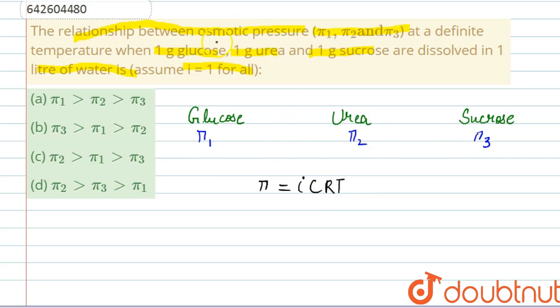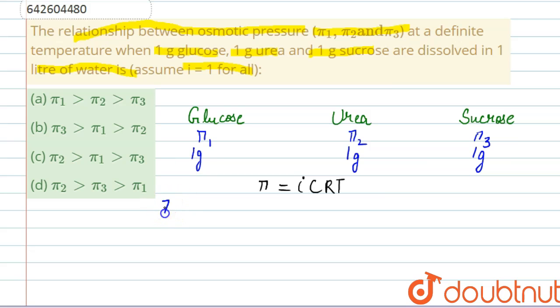Now also we are given the weight, 1 gram for glucose, 1 gram of urea and 1 gram for sucrose, and their volume is the same. Now we will apply this formula iCRT for all these.